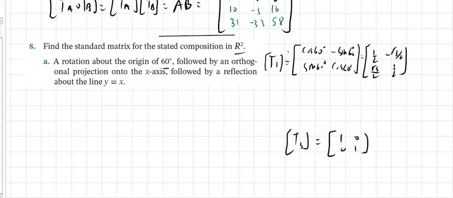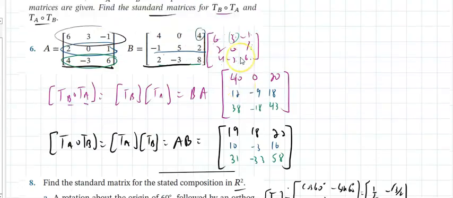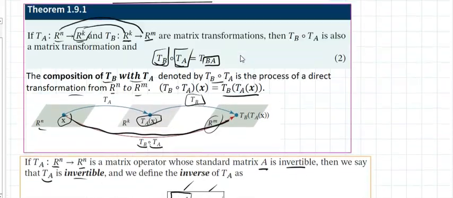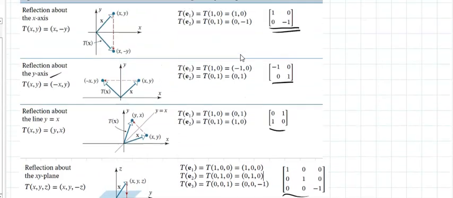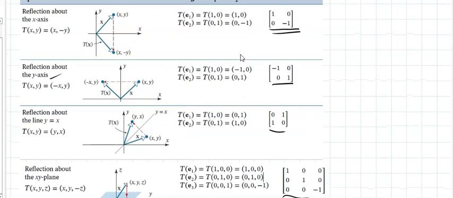If I look at T sub 2, followed by an orthogonal projection on the y-axis, and on the x-axis, oh boy, I was trying to memorize these. X-axis, y equals x, we got the right idea.